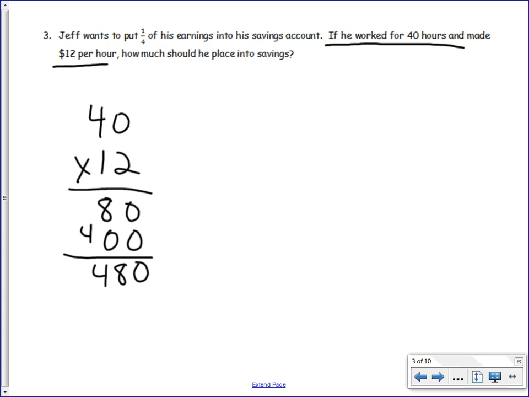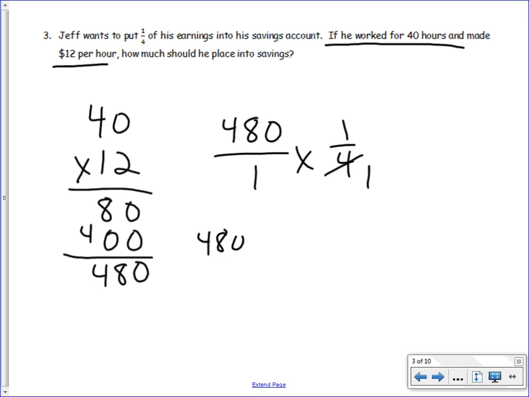Remember, of is represented by multiplication. So I'm going to put 480 over 1 times 1/4. I can cross reduce here. 480 is divisible by 4 because if you look at the last two digits, it's 80, which is divisible by 4.